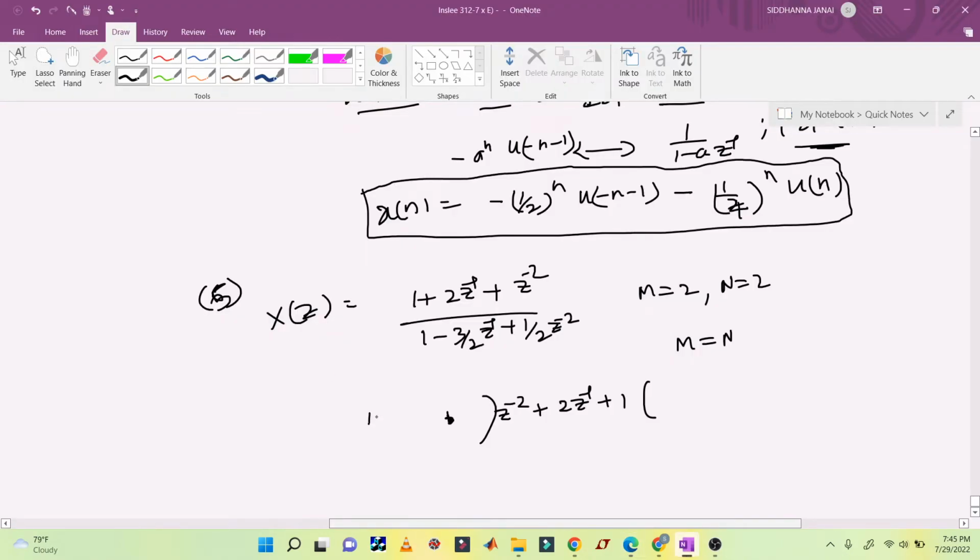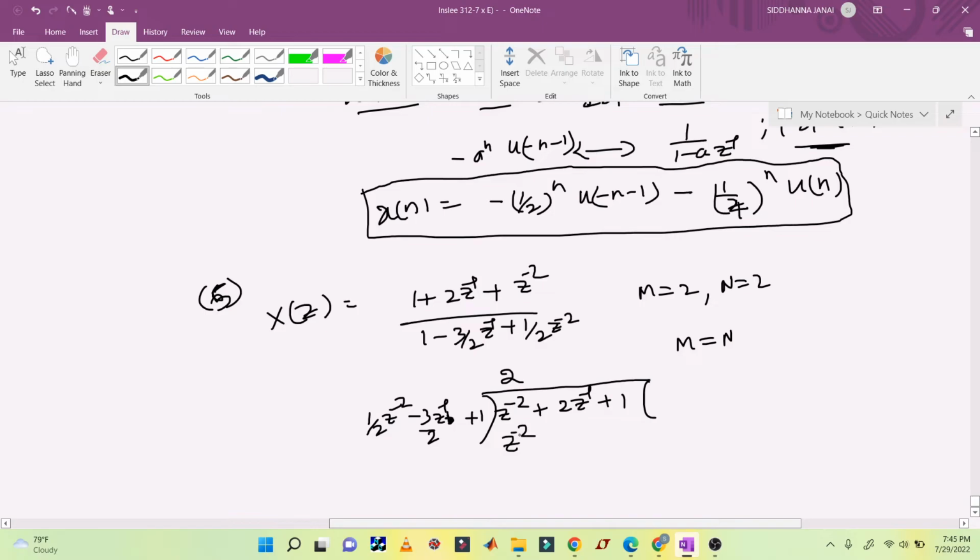And here 1 by 2 z to the power minus 2 minus 3 by 2 z inverse plus 1. Now if you multiply this, here 1 by 2 z inverse square is there, so to get z inverse square, I have to multiply it by 2. If I multiply it with 2, what I will get?